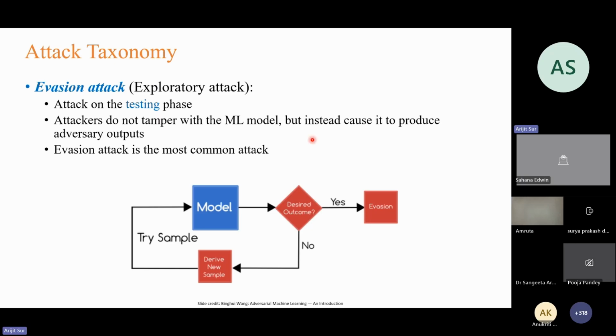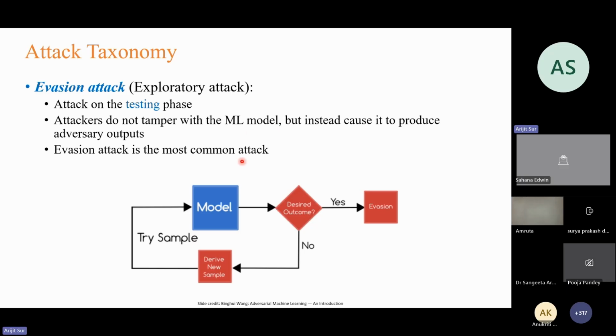Now the next kind of attack is called an exploratory attack or evasion attack, which is popular. Here the attack is done in the testing phase, not the training phase. Attackers do not tamper with the ML model, so they are not attacking the training phase or the model, but instead they cause it to produce adversarial outputs. The most common is FGSM, which we will see later.